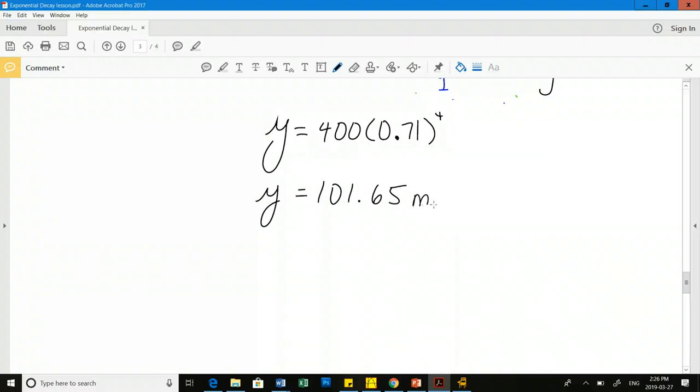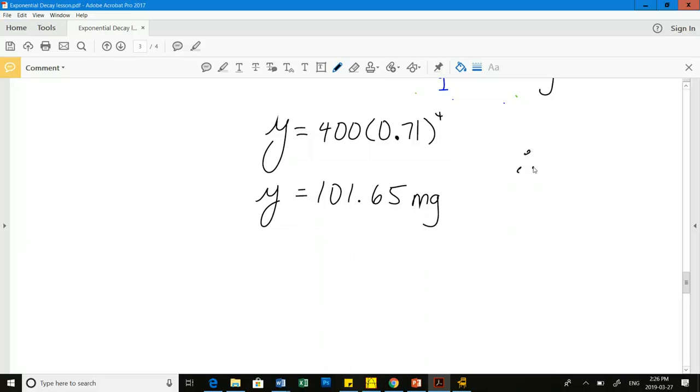About 101.65 milligrams. I'll tell you, but usually you can round your final answer to like 2 or 3 decimals, which is pretty good. I would say 2 in general, but I'll try to tell you in each question.